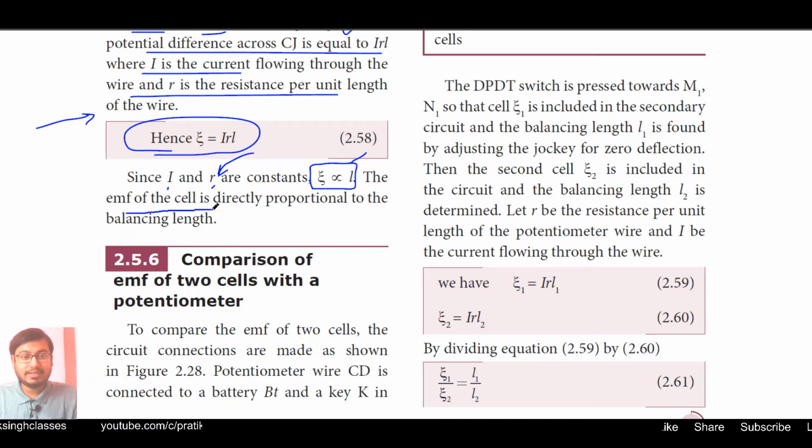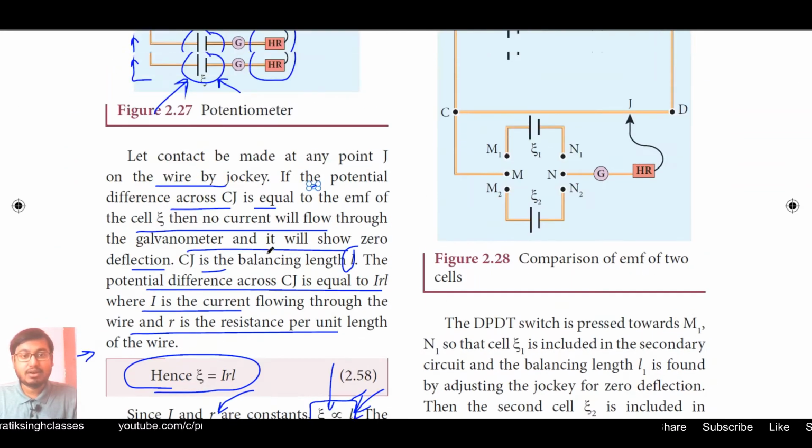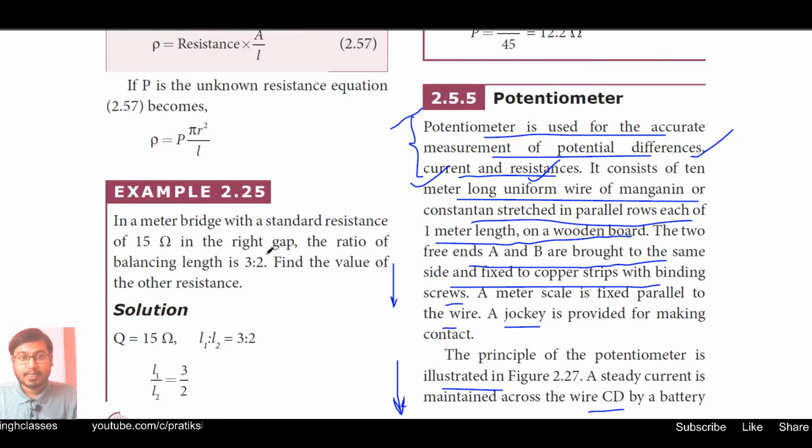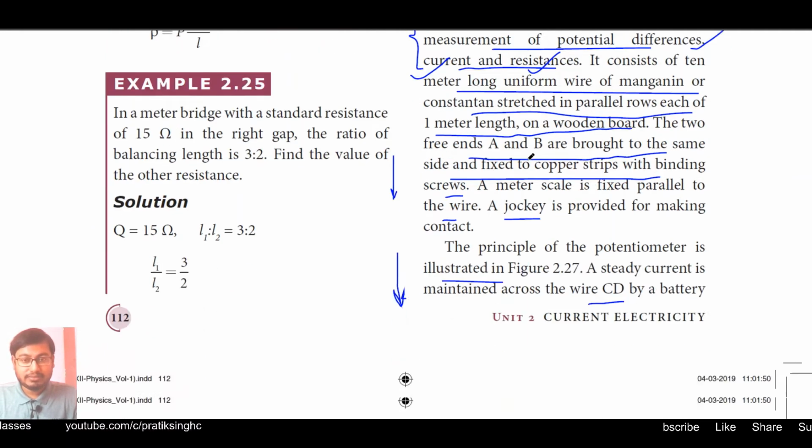The EMF of the cell is directly proportional to the balancing length. This means if you increase or decrease the balancing length, the Xi value will increase or decrease simultaneously. So this is all about the potentiometer which we have seen now.